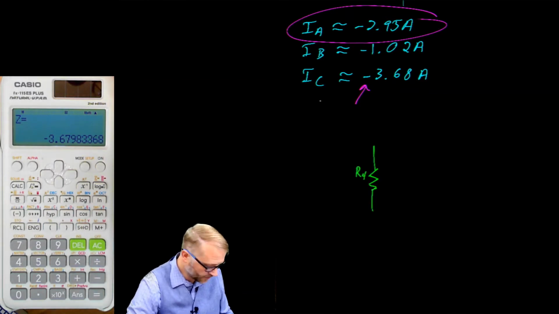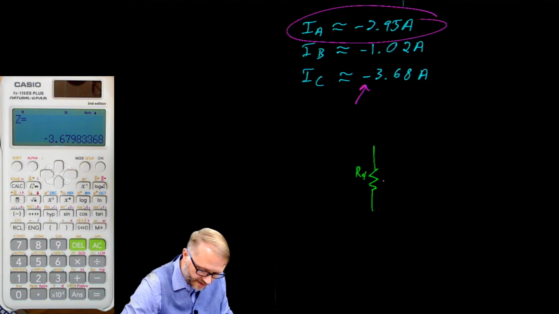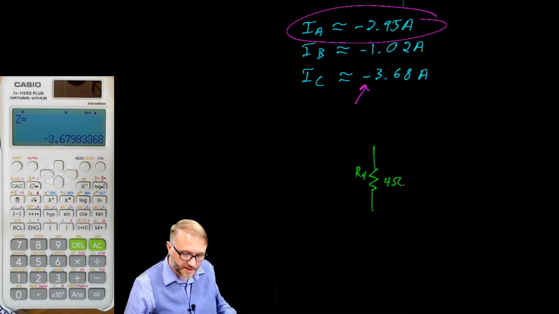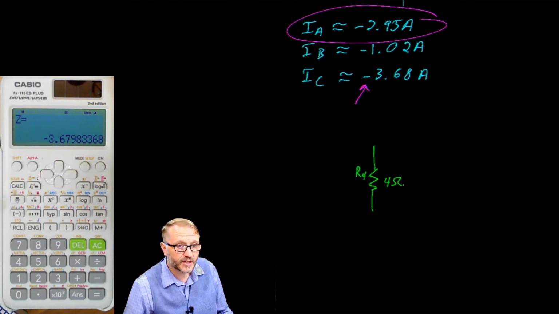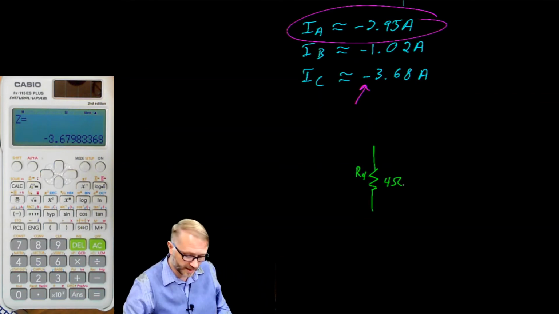And we said R4 was, what was it? It's 4 ohms. Okay, how convenient. So 4 ohms. And now we need to show what the currents are. Because remember, there's two currents. There's a current A and there's a current B, and they're moving in opposite directions.